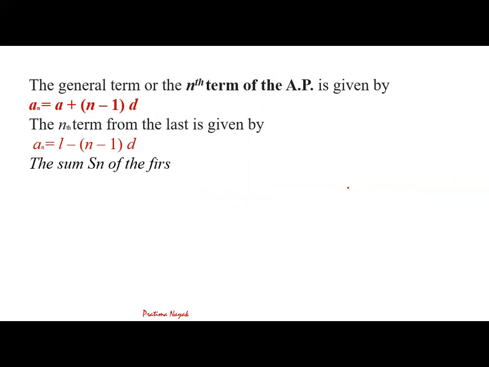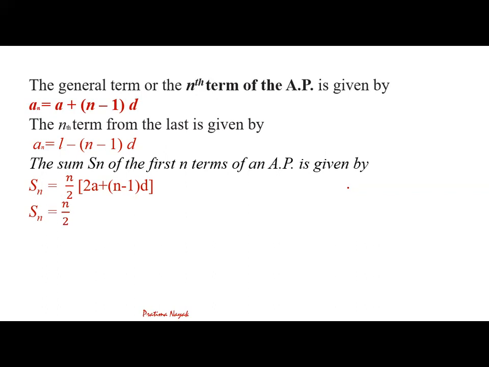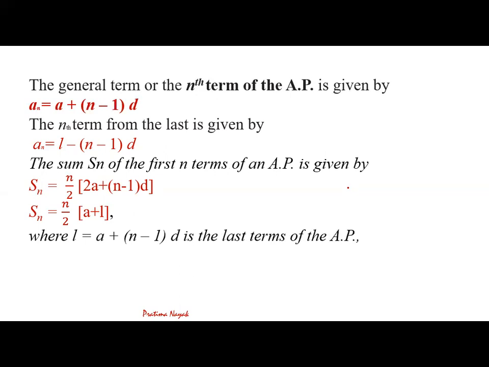The sum of n terms in an AP is given by the formula Sn = n/2 [2a + (n - 1)d], or it can be written as n/2 (first term + last term), where l, the last term, can be found by a + (n - 1)d.